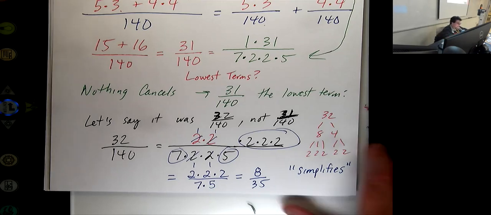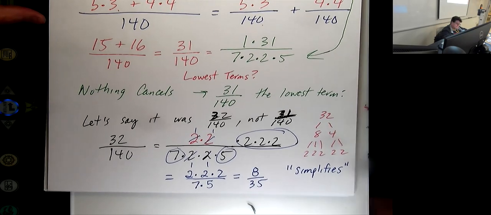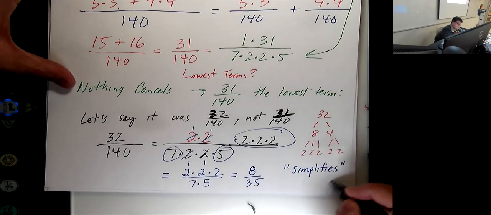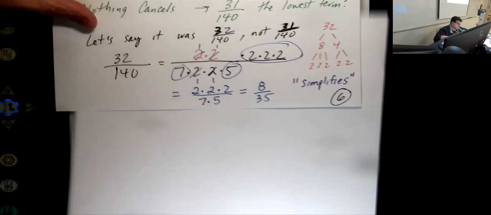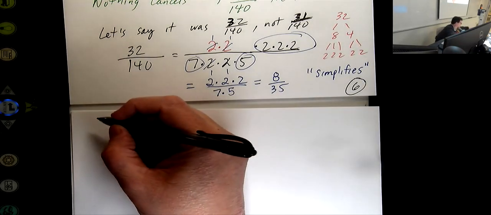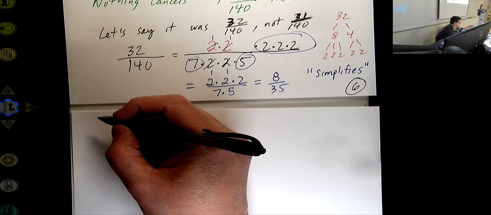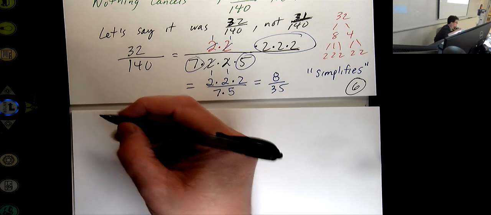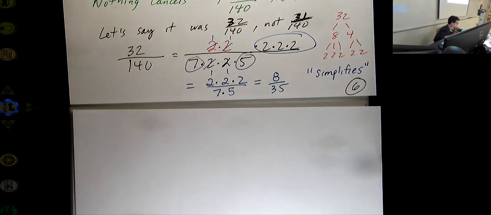So let's kick this up a notch. Let's use the numbers we had before: 36, 48, and 60.